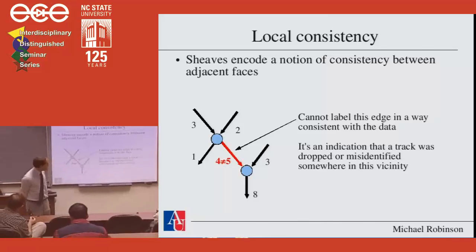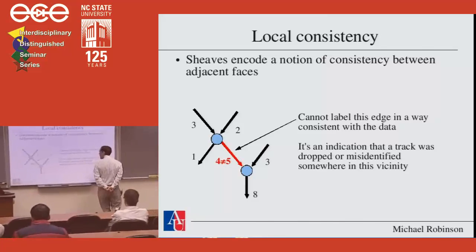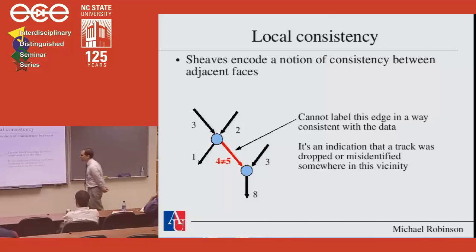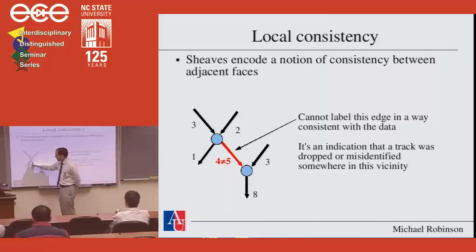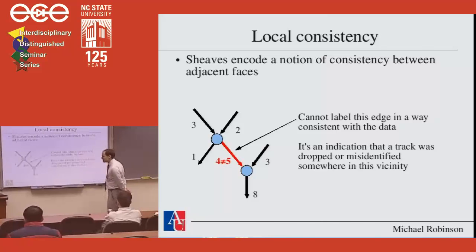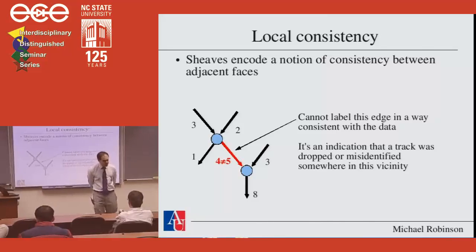Now, you can have this local consistency problem that says, well, I sent in 3 packages and 2 packages into this distribution center, and 1 came out and 4 came out. But that's not consistent with the fact that here 8 packages came out and only 3 went in. So probably 3 went along, or probably 5 went along here. So there's some kind of inconsistency.